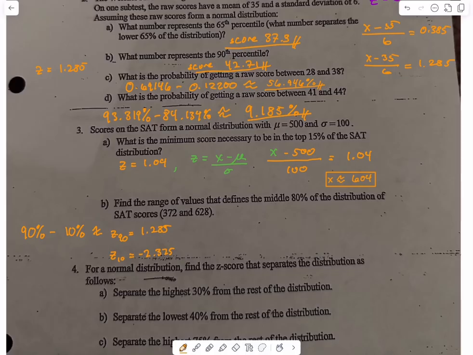Okay, so then times 100 plus 500. Is that a 3 or an 8? I think it's an 8. So with this one, the score associated, times 100 plus 500, is 628.5.